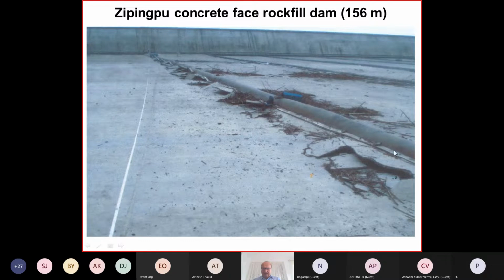And the problem is basically, you know, the concrete face rockfill dams are basically only a waterproofing membrane made of concrete, of reinforced concrete, which is maybe 40 centimeters thick on the top to maybe 1.3 meters thick at the base.